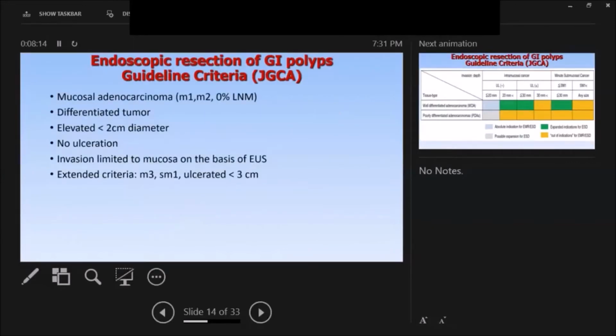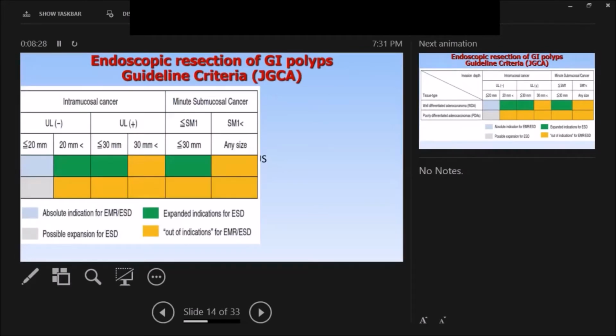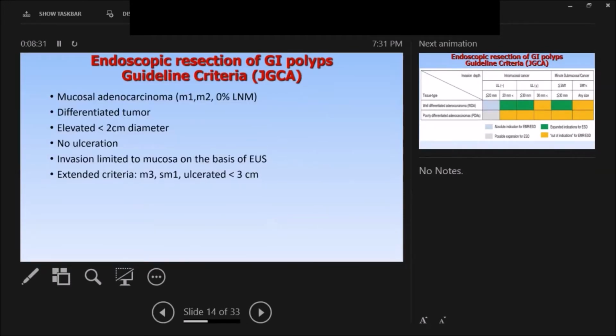According to the guideline criteria of the Japanese Society of Gastrointestinal Endoscopy, EMR is limited to mucosal adenocarcinoma or dysplasia, high grade or low grade, M1, M2, sorry, zero lymph node metastasis, differentiated tumor, elevated, less than 2 centimeters, no ulceration, invasion limited to the mucosa.